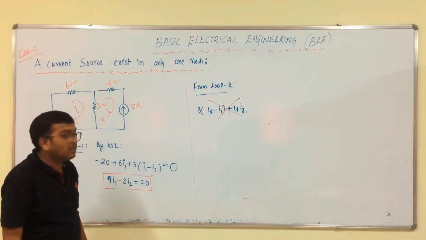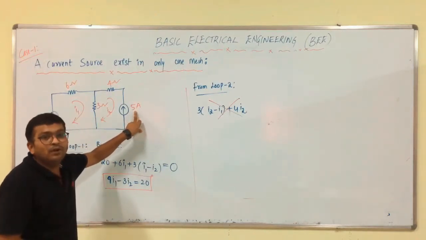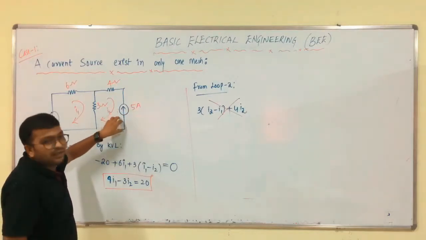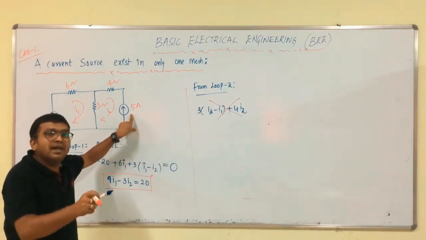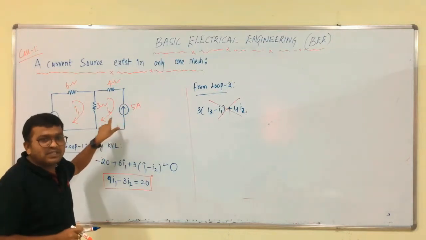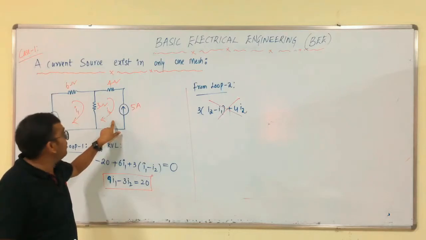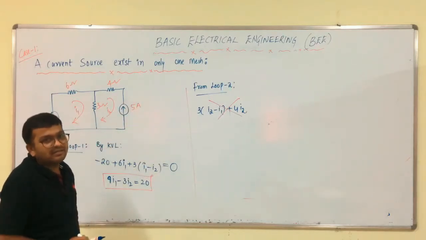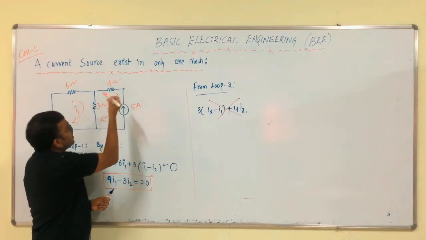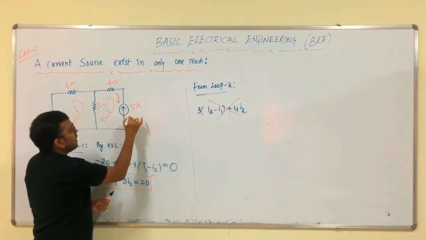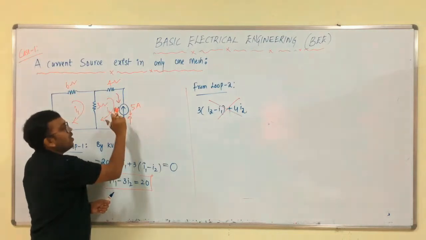Why? Because the examiner mentioned the current source in only one loop, that is loop 2 only, so what does this represent? The second loop current. I2 is nothing but the second loop current. By default we are getting that current, but the assumed direction is like this, while the given direction is upwards.